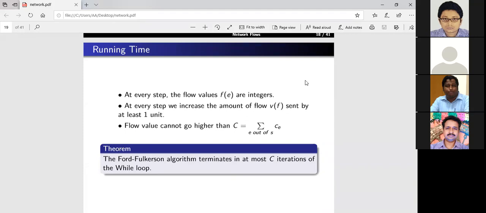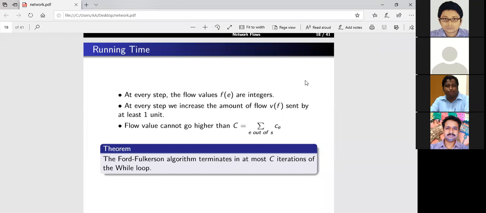As a matter of fact, this can be extended to rational numbers for capacities instead of integers. Basically you do a change of unit. Suppose the values are 3 by 5, 1 by 5, 7 by 5, and so on. All you have to do is change the unit by 5.